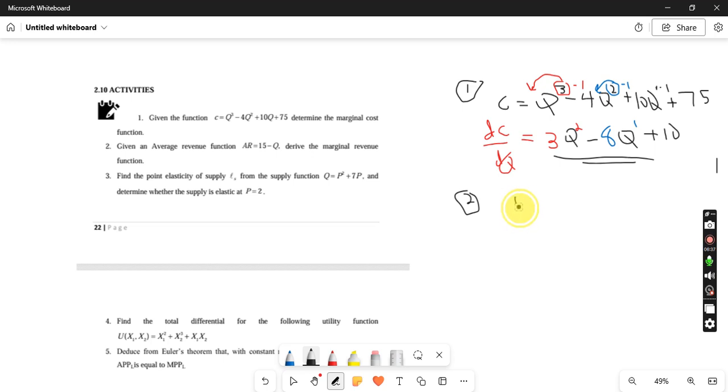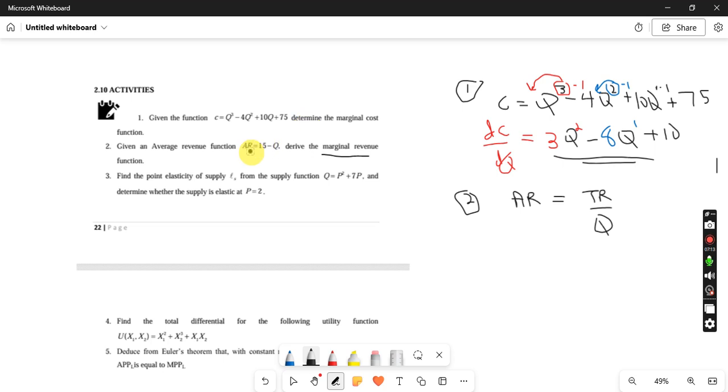If you remember from microeconomics, average revenue equals total revenue over Q. Because this question has asked for the marginal revenue, it should tell you that you need to get your total revenue. Marginal revenue is the first derivative of the total revenue. And remember, marginal revenue is the additional revenue you get when you sell an extra unit.